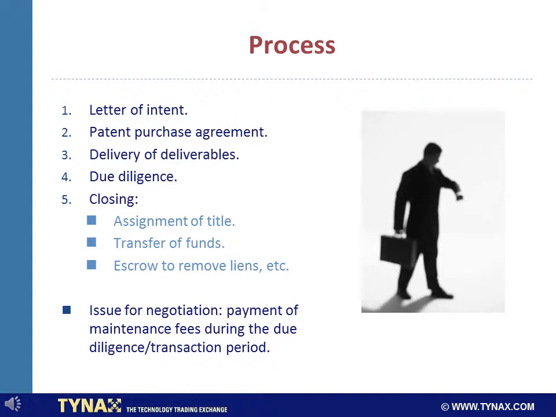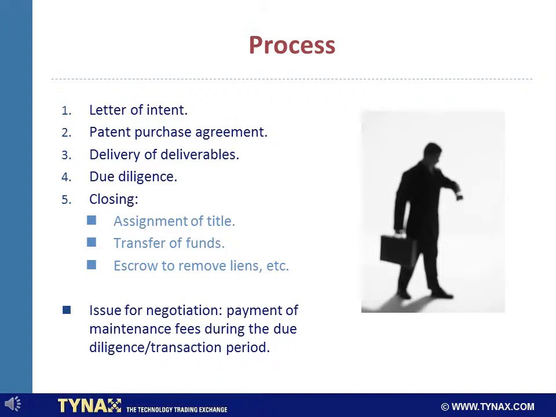This standstill agreement, as well as the confidentiality provisions, are often binding on the seller. However, the buyer is not obligated to complete the acquisition if some information is uncovered in the due diligence process that adversely impacts the value and appeal of the patents.